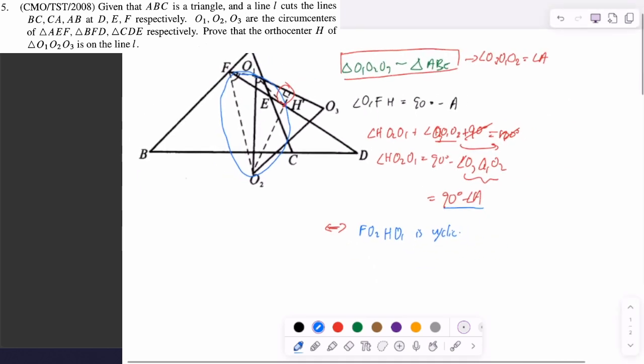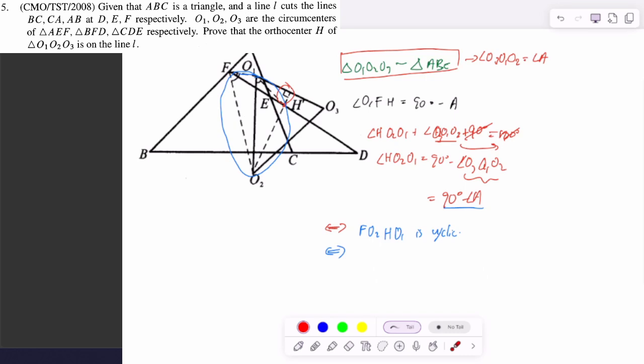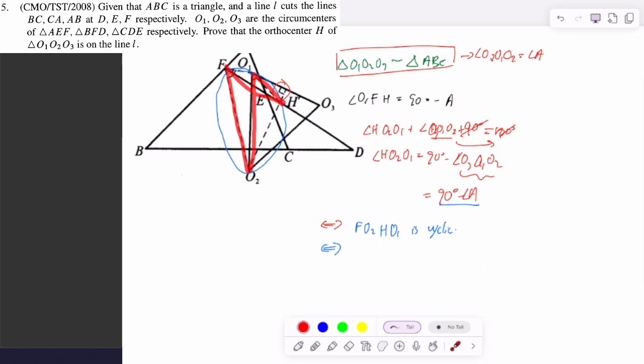So this also means I can apply the property to another pair of angles, which is this versus this.